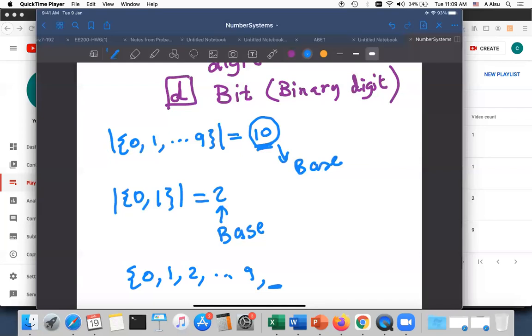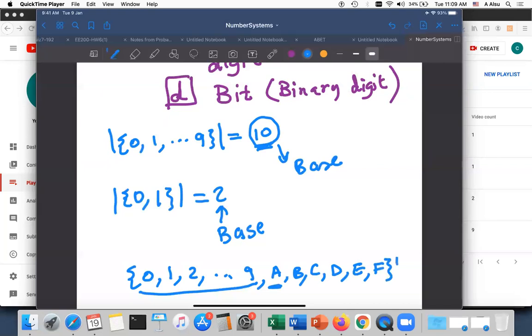You have to represent it with a single symbol. So we are out of digits here, so we use letters rather than digits to represent digits beyond 9. The first letter, A, represents digit 10 of hexadecimal, and then B represents 11, C 12, D 13, E 14, and then F 15, and that's it.